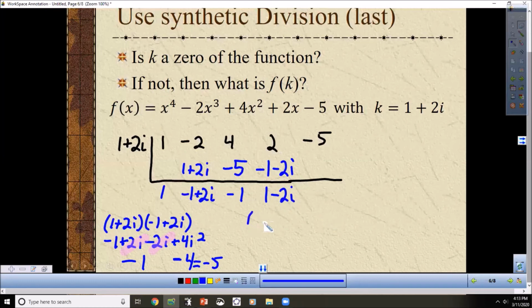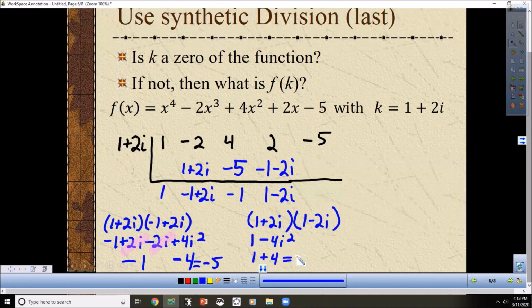Okay, let's FOIL these again. 1 plus 2i times 1 minus 2i. First times first is going to be 1. Outsides and insides will cancel out again, a minus 2i and a plus 2i. Last times last is minus 4i squared. And when i squared turns into -1, that's the same as 1 plus 4, or a value of 5.